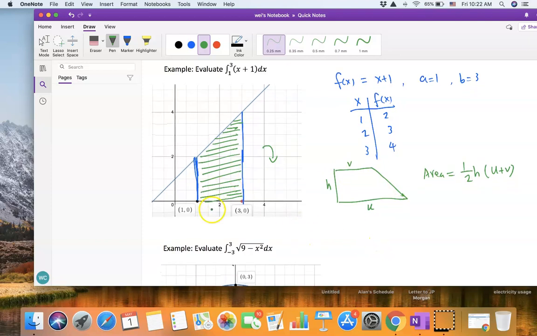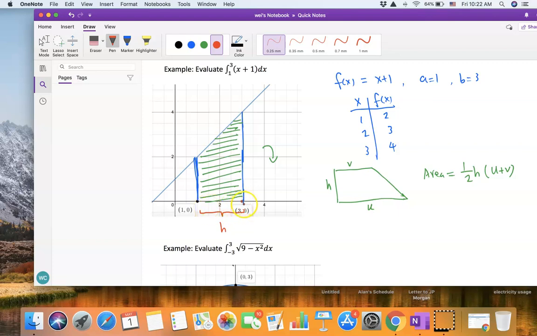So in our case, what is our height? The height is this. This is our height, and the length of this is the lower base, u, and the length of this is the upper base, v. So how to find the height?